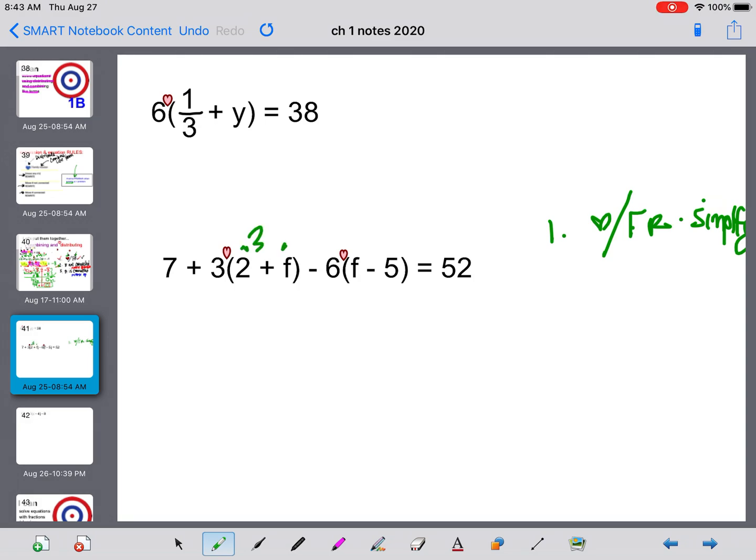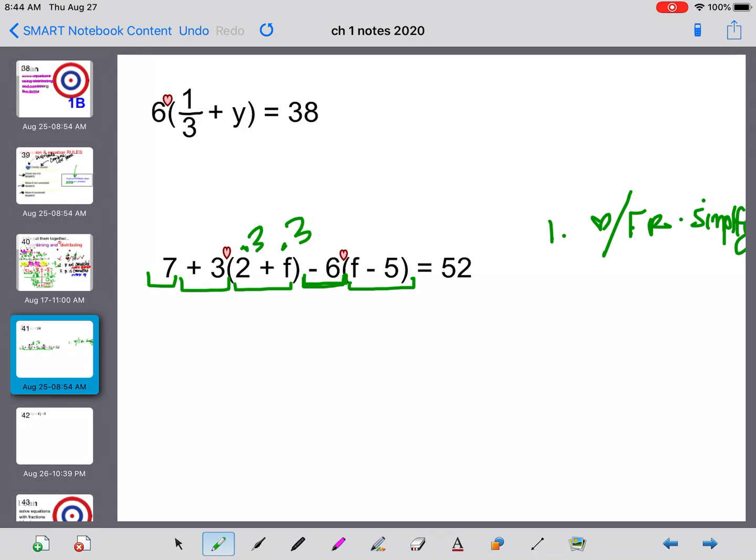I'm going to share the love in here. And then again, look at what's out in front of here. And this is why, here's my terms, right? This was a positive 3. And then here's my parentheses. And then my next term was a -6. And then here's my parentheses, right?